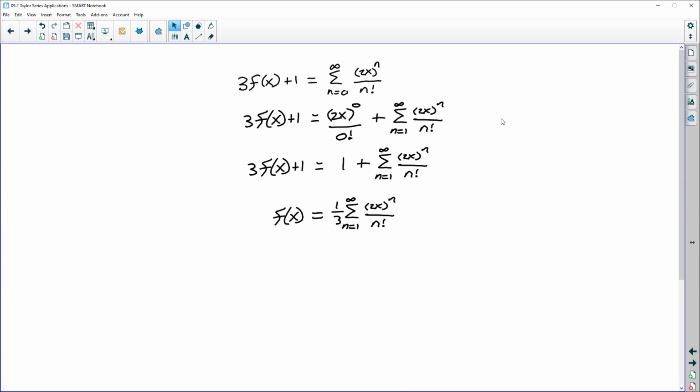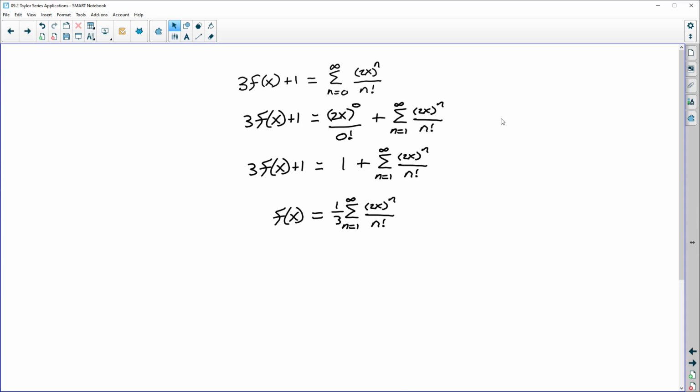These next few steps are going to help us simplify the function. So I'm going to evaluate our infinite sum at n equals 0, and then leave the rest of the sum starting at my index n equals 1. 2x raised to the 0th power divided by 0 factorial ends up being 1 over 1.